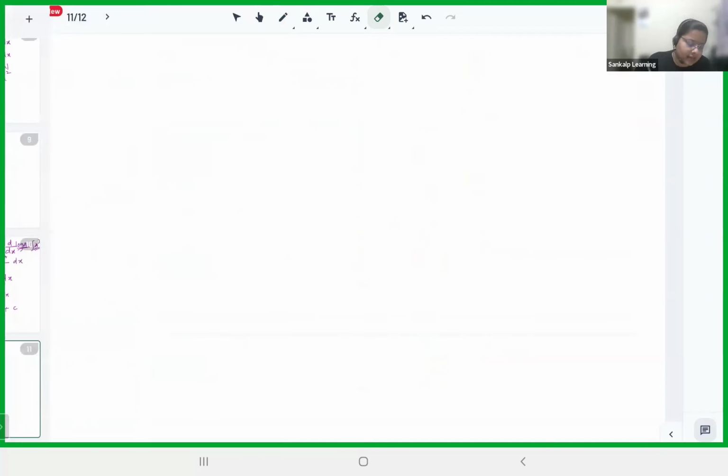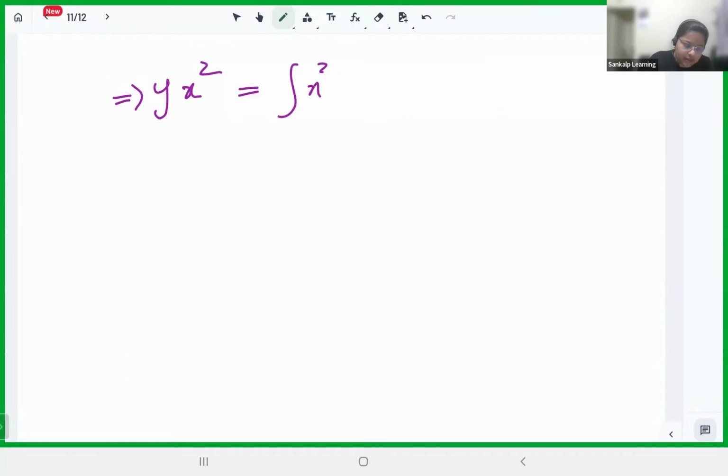So we can either rearrange this or write it as such. We have got in the earlier step that y into x square is equal to integral x cube into log x dx plus c. This was our result, and we were finding the value of this integral.